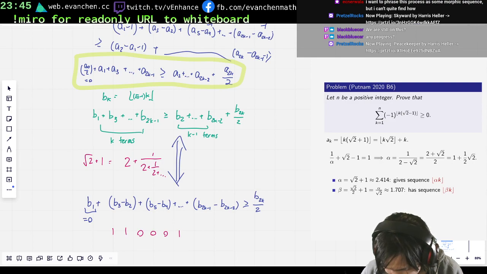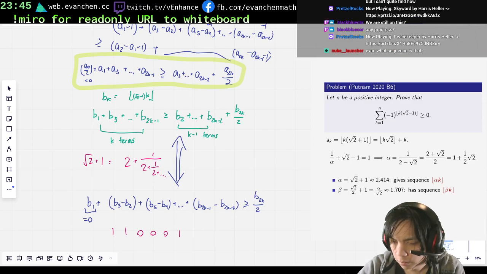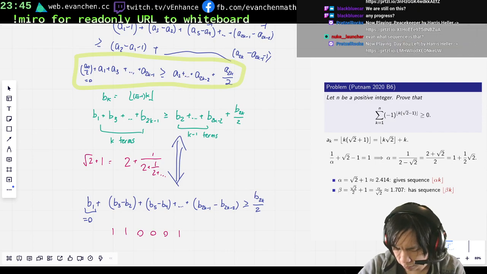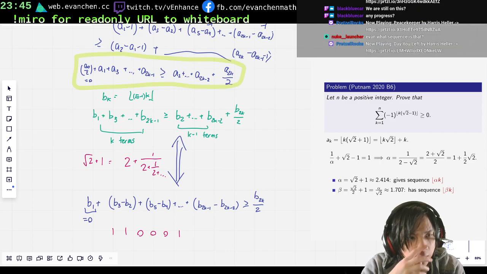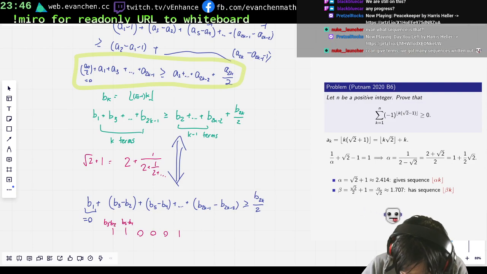No. Maybe I grouped them the wrong way. 0, 0, 0, no. No, no, no. What sequence is this? It's like b3 minus b2, b5 minus b4, etc.